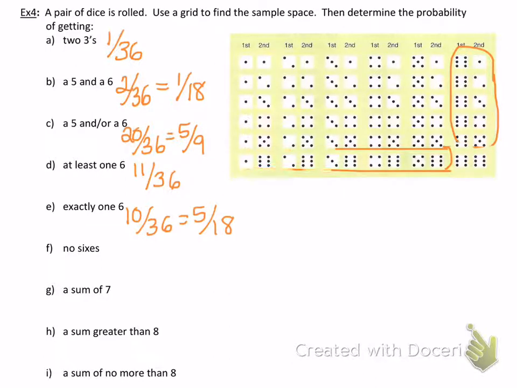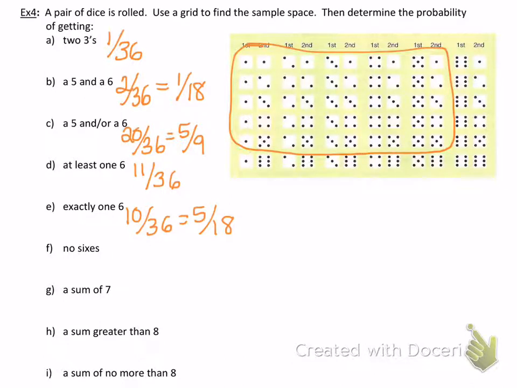If we have no 6s, we could take everything except a 6, which gives us a lot to count. Or let's do it this way. If we have no 6s, I'm going to do a complementary event: 1 minus the probability of at least one 6.